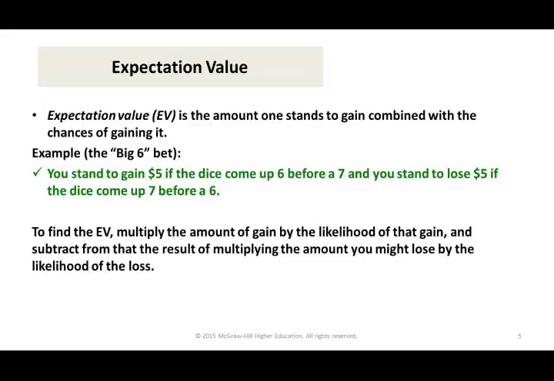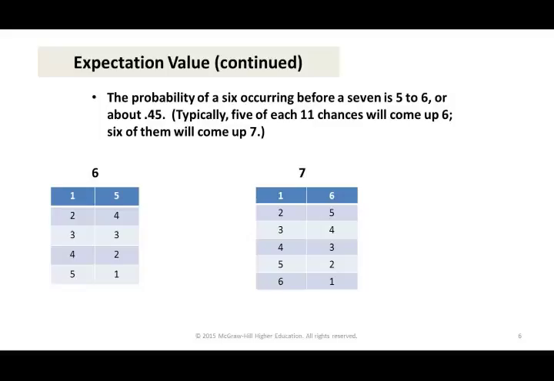If we want to find the expected value here, what we need to do is calculate the odds that the different numbers will come up. So I told you that the odds that you'll roll a 6 are worse than the odds that you'll roll a 7. It's actually more likely that you'll roll a 7. How do I know that? Well, because there are more possible combinations of the dice to get a 7 than there are to get a 6. So I've listed them on this slide.